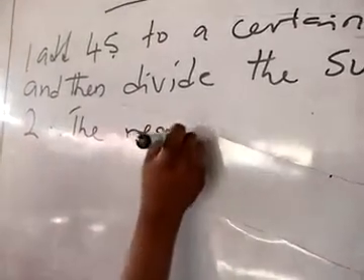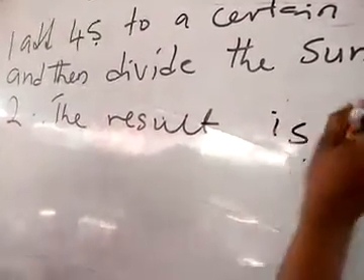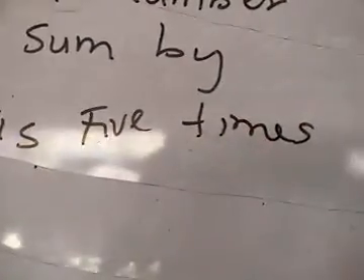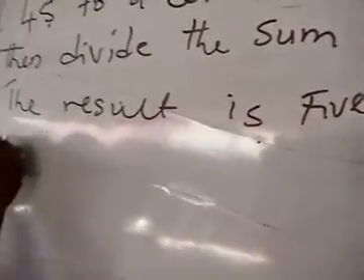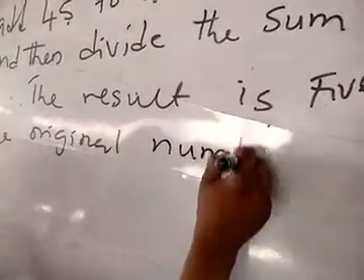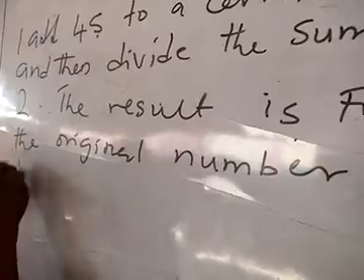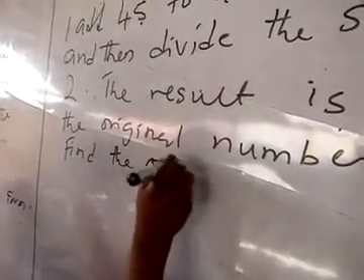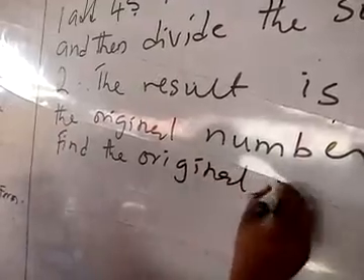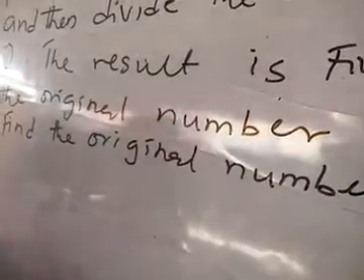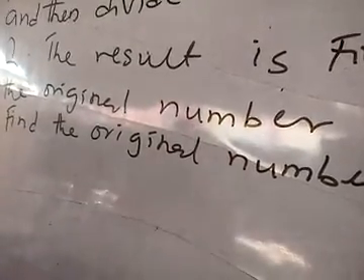The result is 5 times the original number. Find the original number. Now we say our first step is to choose a letter for the unknown.